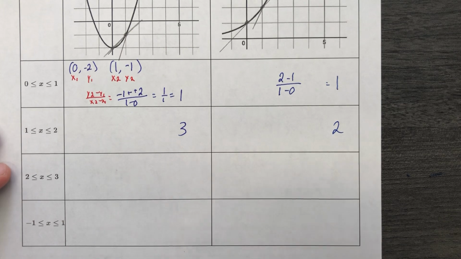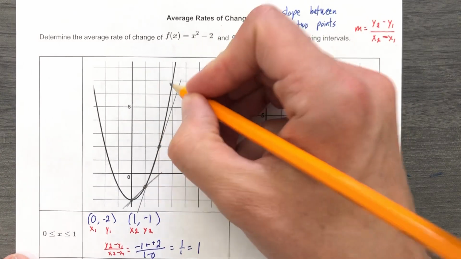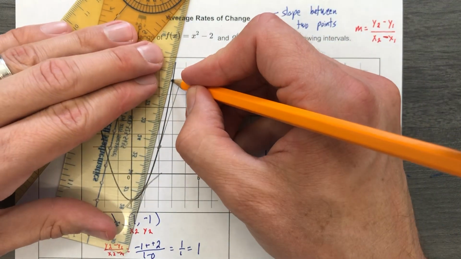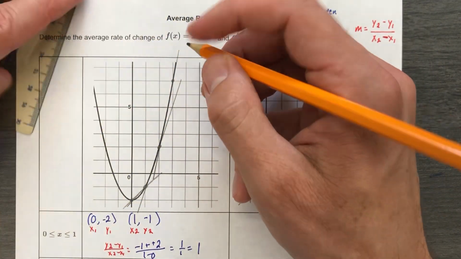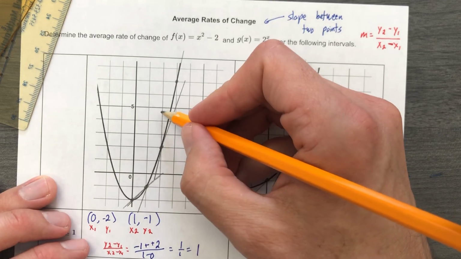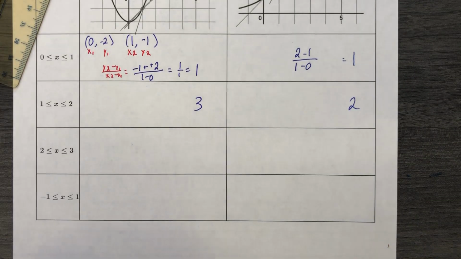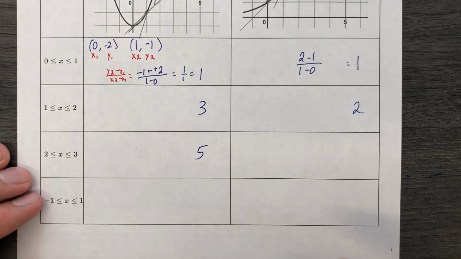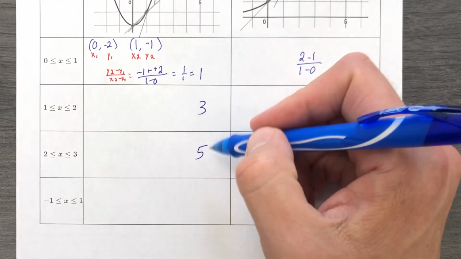Okay, so we're going to go from 2 to 3 now, and I want to know the slope of this one now. It's getting pretty steep on this side. So 1, 2, 3, 4, 5 over 1. Okay, this reminds me of a previous lesson when we talked about parabolas that have not a constant slope, that would be a line, but the first difference is constant.